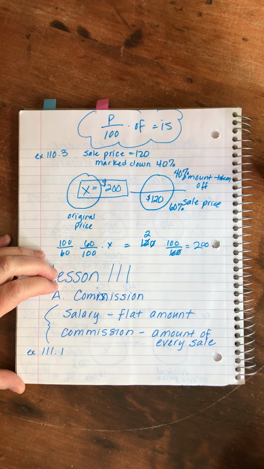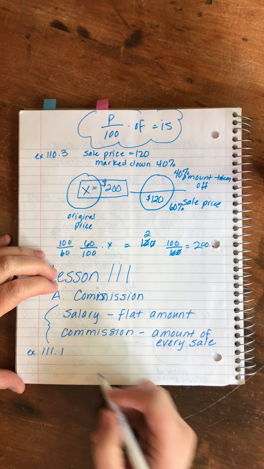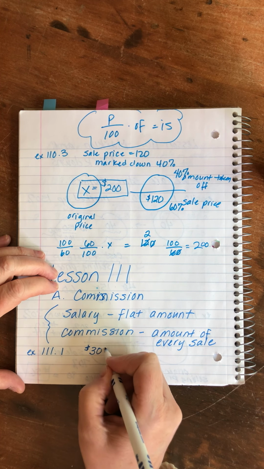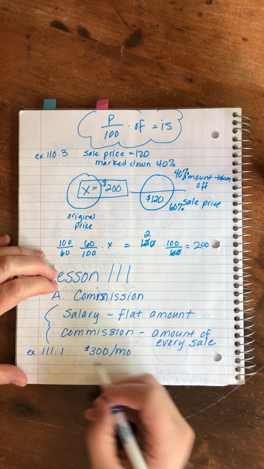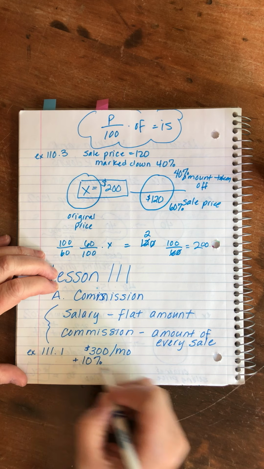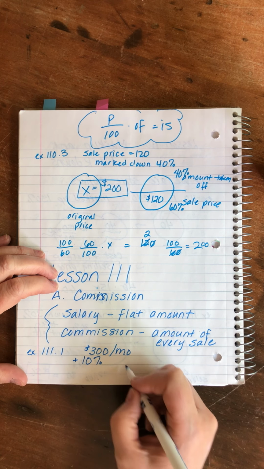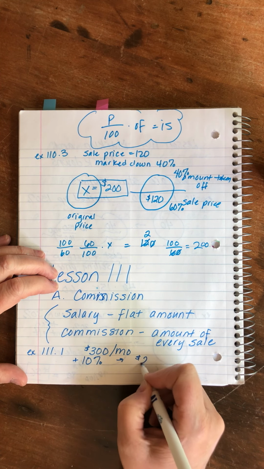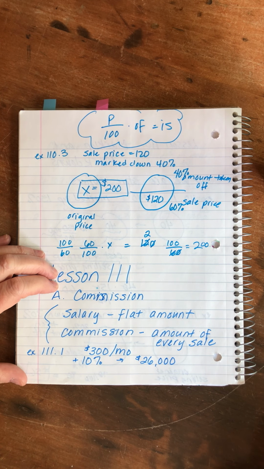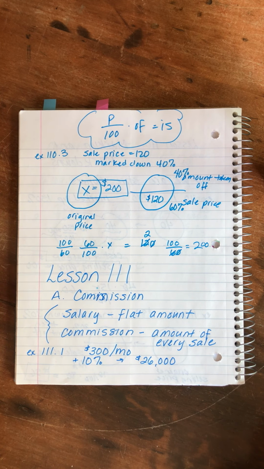Okay, a sales representative was paid a base salary of $300 a month. He was also paid a commission of 10% on everything that he sold. If he sold $26,000 worth of merchandise in 1 month, what was his paycheck?